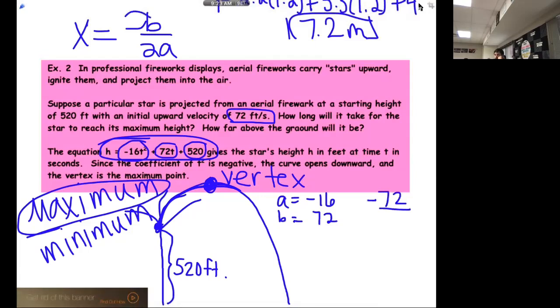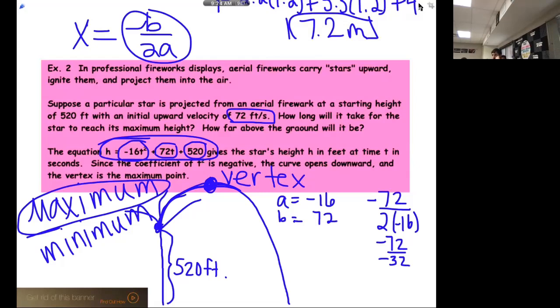Because you're using this formula right here. So we have negative 72, because that's the B, over 2 times the A, which is negative 16. So we have negative 72 divided by negative 32.